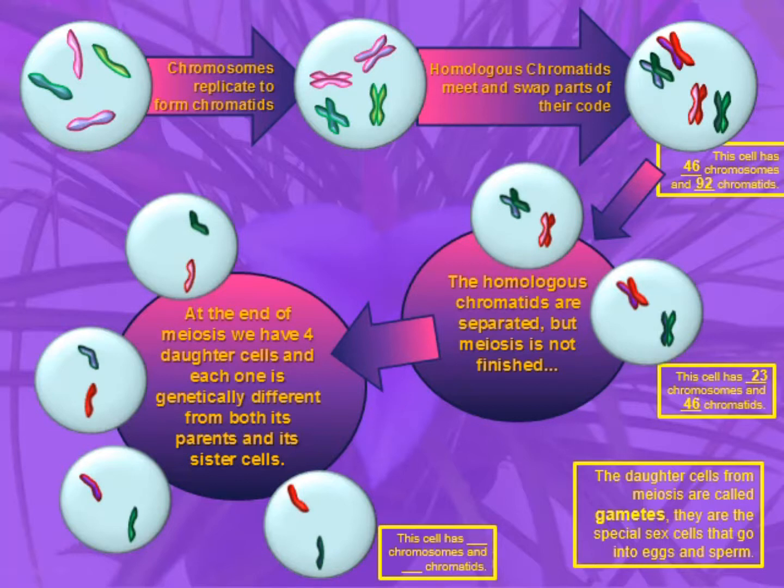And then what about the gamete? The gamete cell has 23 chromosomes and 0 chromatids. And realize that at this point that is because what we were calling chromatids we are now calling chromosomes after the cell division is complete.